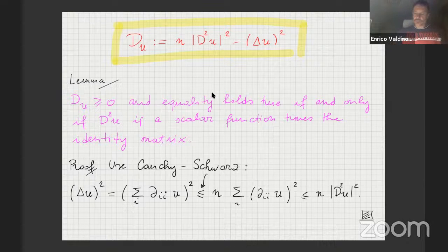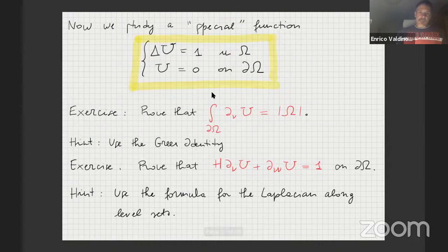This is a remarkable fact. The second remarkable fact is that we were able to reduce the study of the geometric problem given by the theorem to an analytical problem given by the properties of the solution of a nice elliptic partial differential equation.